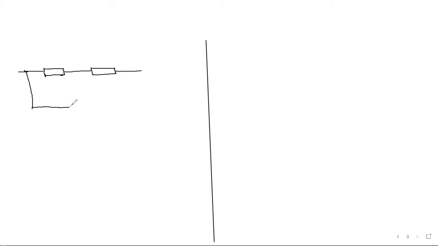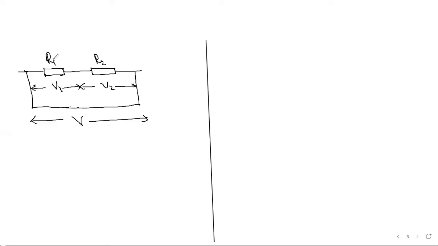The total voltage across them is V. So if this is R1 and this is R2, then this is V1 and this is V2. The voltage across R1 is V1 and the voltage across R2 is V2.